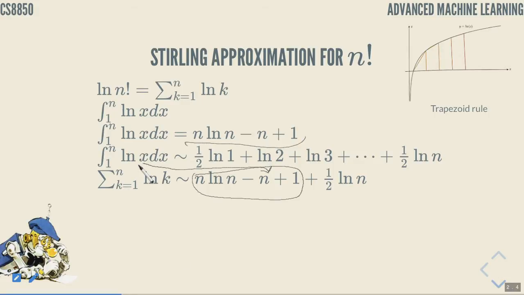So the integral of log x we just calculated, and because we added 1/2 log n to both sides, on this side we just have the sum of all the logs, because log of 1 is 0 and this is 0, it will be the same. And we got this expression.